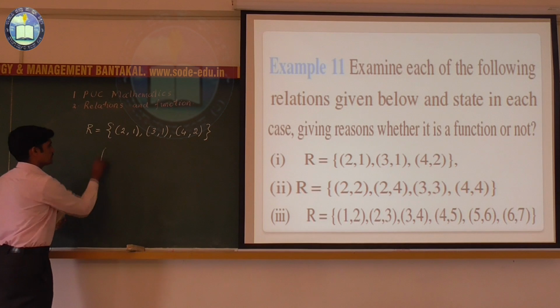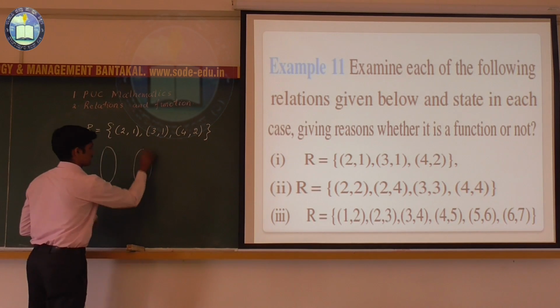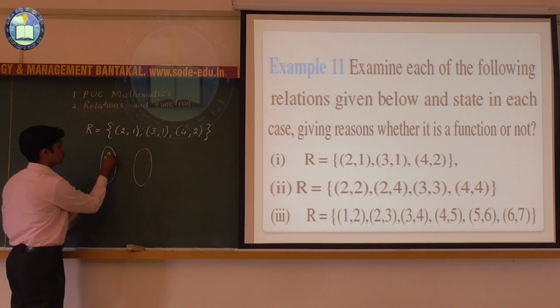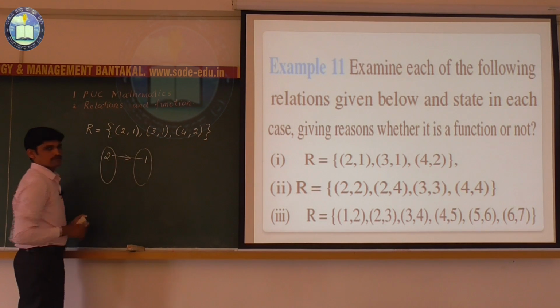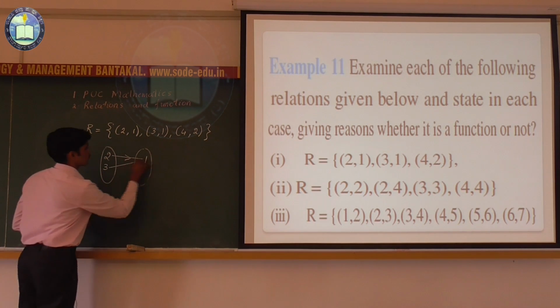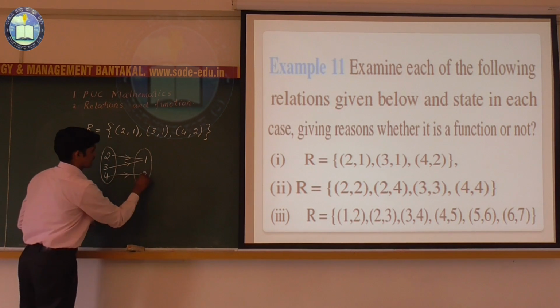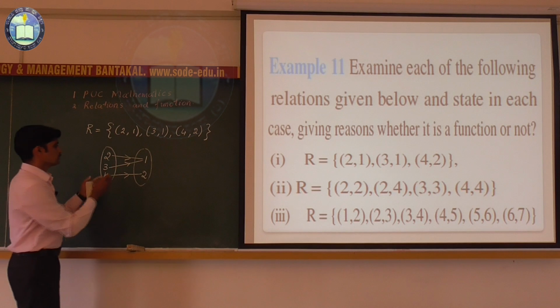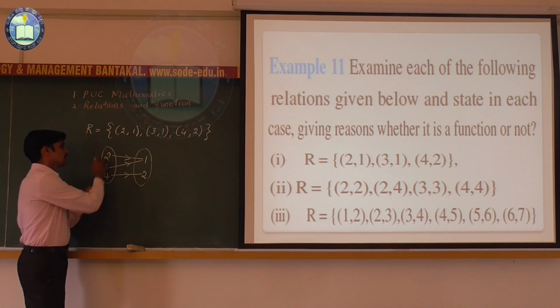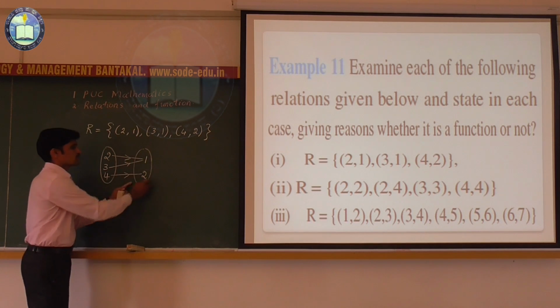Here, if we draw the arrow diagram for this relation, the image of 2 is 1, the image of 3 is also 1, and the image of 4 is 2. According to the definition of a function, every element in the domain should have an image, and the image must be unique.